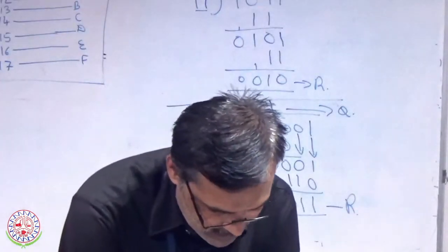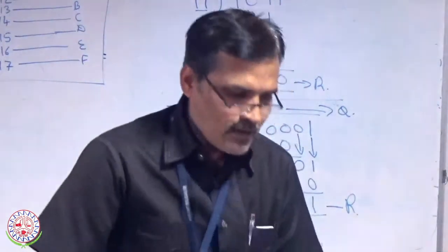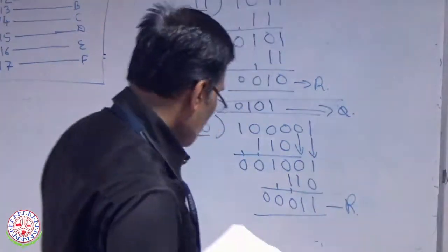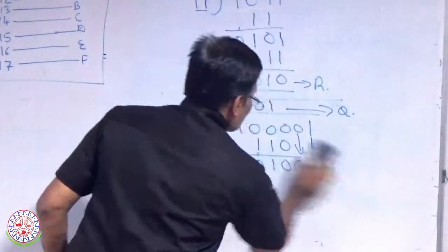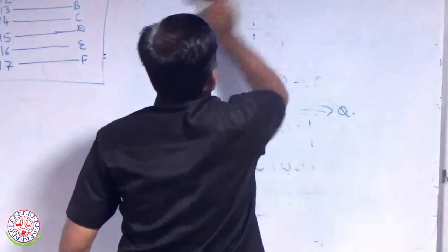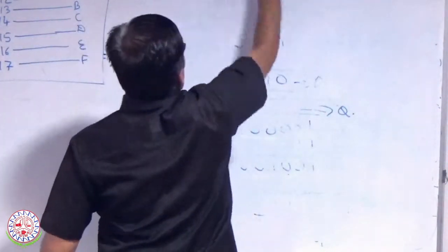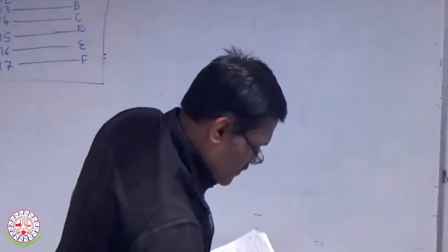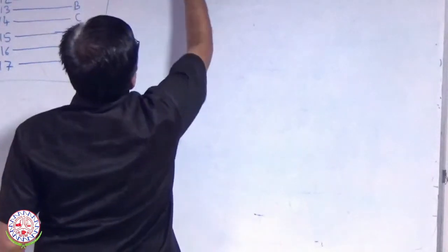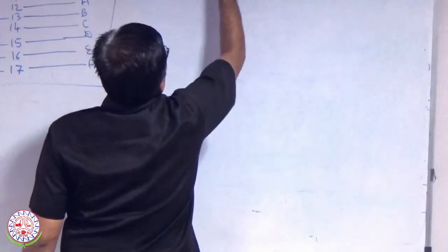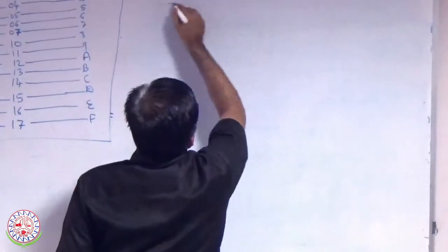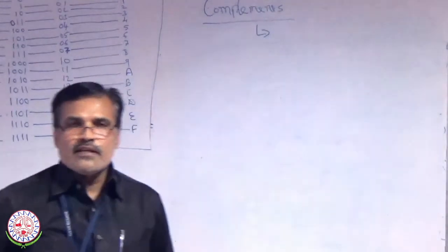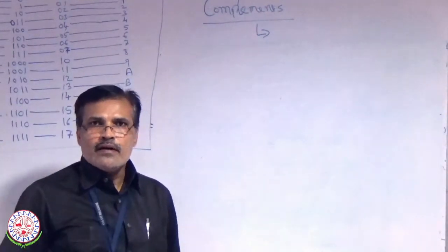Apart from that, we have a few more concepts to be discussed, that is complements. These complement numbers are exclusively used in digital systems for negative number representation.